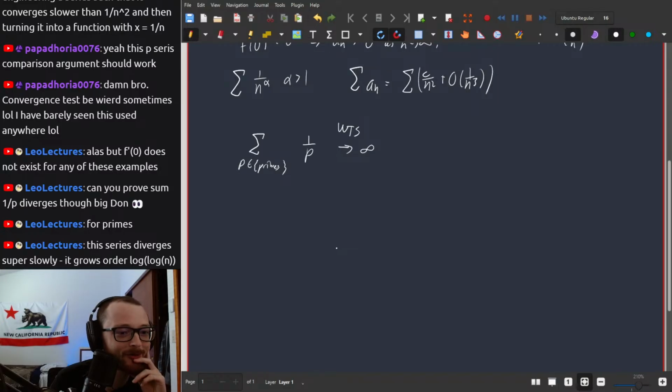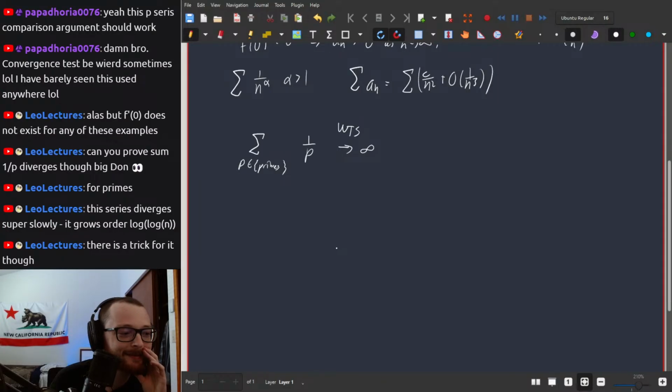Log n. Ooh. Yeah, I think I need to know some fact about primes that I don't know offhand. I assume there's some asymptotics for how they're spaced out or something.